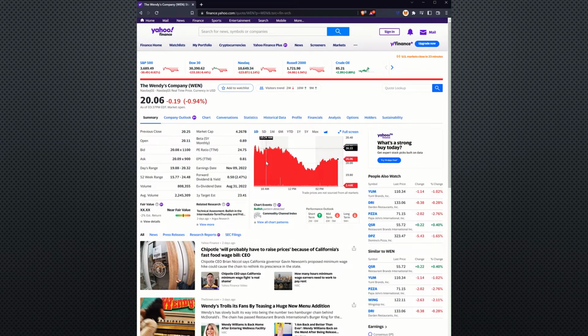Same thing with this chart down here. This is a summary chart of what the price of Wendy's shares were. Since 1D is highlighted, it means this is 1 day, so today's data. And you can see that it started off pretty high, then there was a dip and a small recovery. Now, what you also notice is that there's a little gray gap here.